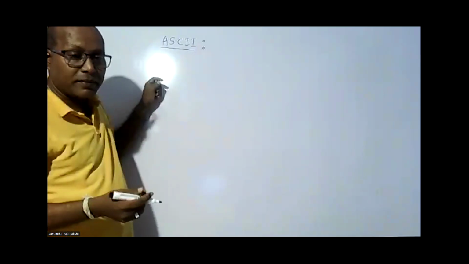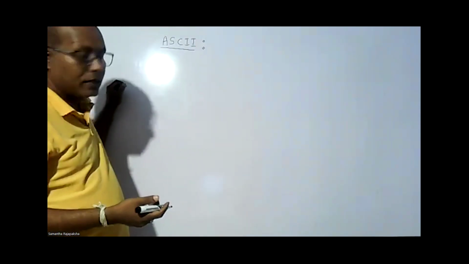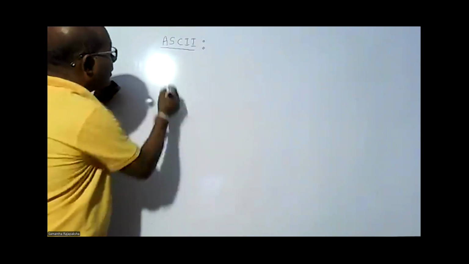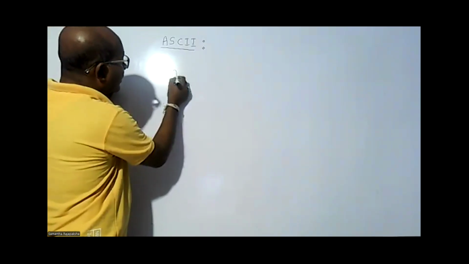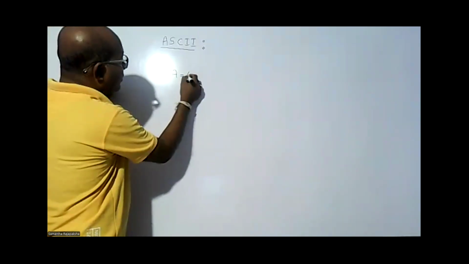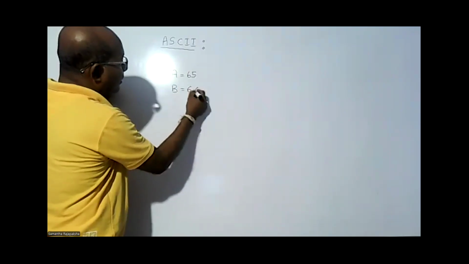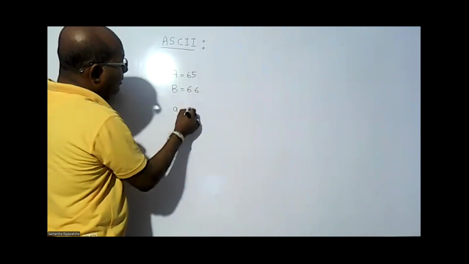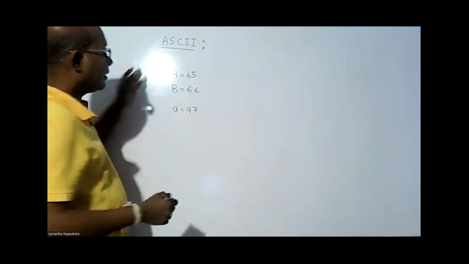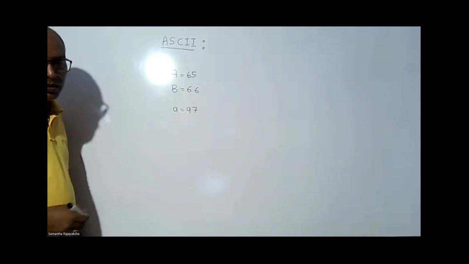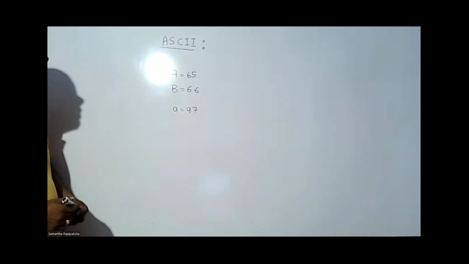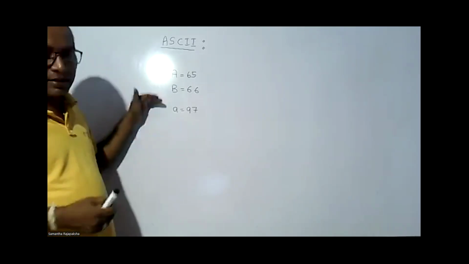Now, you know that a computer cannot understand characters. So therefore, in ASCII, what they did was they gave a number. Capital A is 65, capital B is 66, like that, and small a is 97. Each character is given a code, because the computer cannot understand these characters.